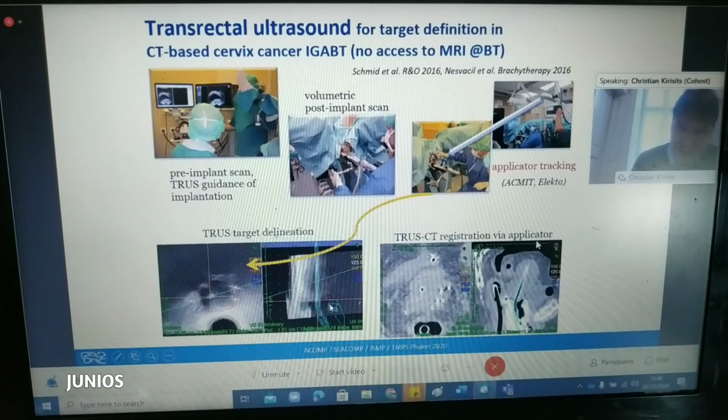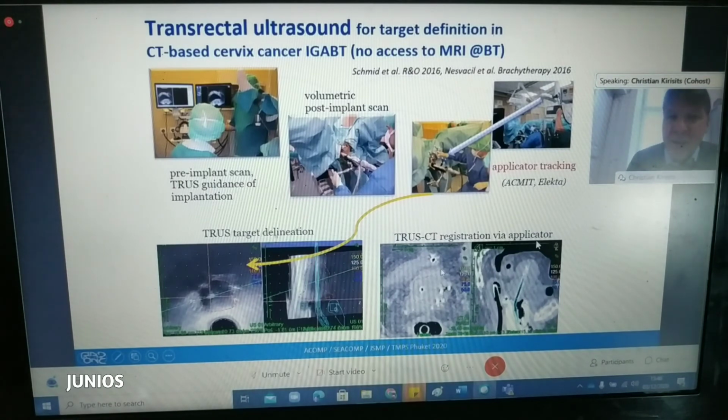The applicator in ultrasound and the applicator in CT give the fixed coordinate system. But the problem is it is very hard to see the applicator in ultrasound. So what we are doing here is using a tracking device, applicator tracking, with optical and maybe in future with electromagnetic tracking, because when we know the applicator and the target around the applicator, then we can also make the fusion here.